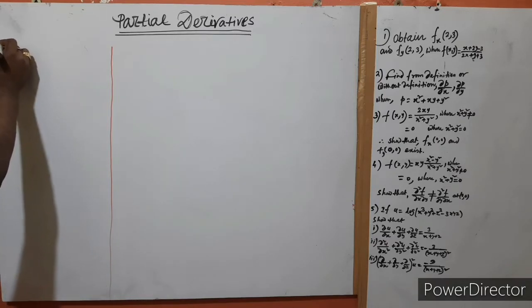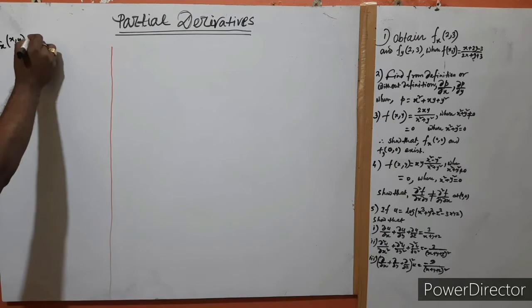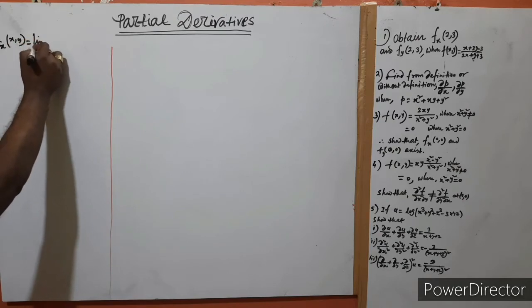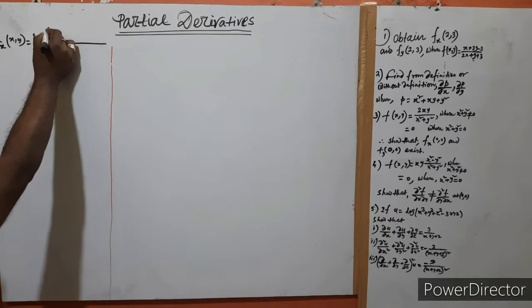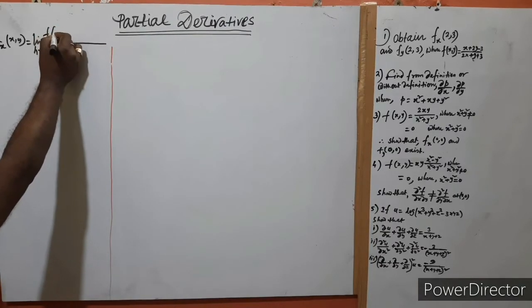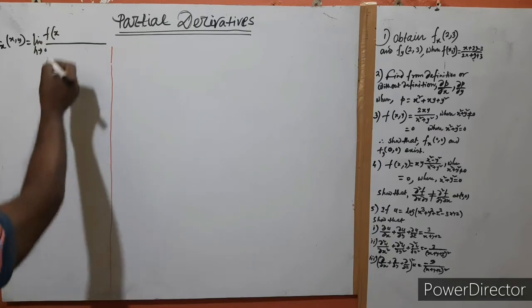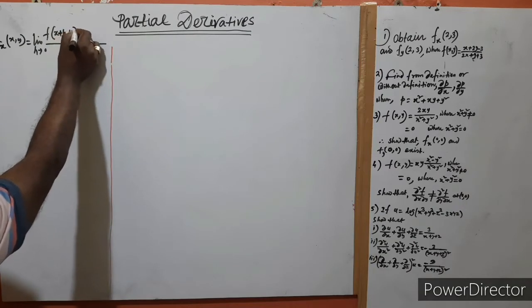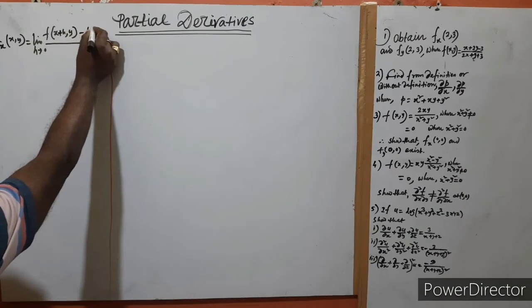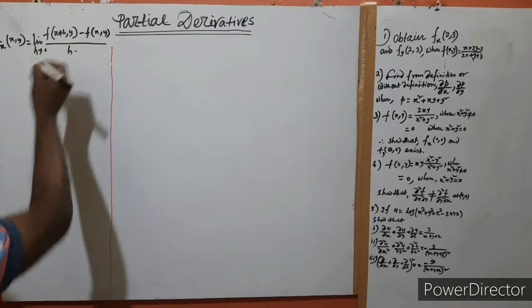If it is written as f suffix x at x comma y, that is equal to limit h tends to 0 of f of x plus h comma y minus f of x comma y, divided by h.